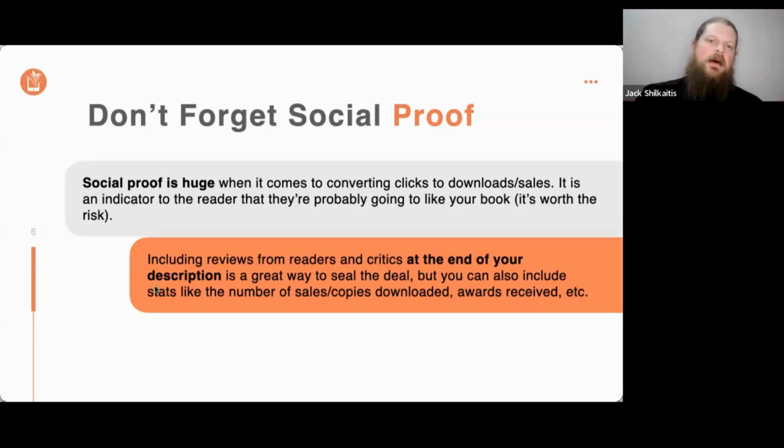But you can also include some stats as social proof, like the number of sales, the number of copies downloaded, awards that the book has received. If you've got those, pat yourself on the back. I don't have any. I'm not a cool kid like some of you guys, but if you've got those things, put them out there, right?